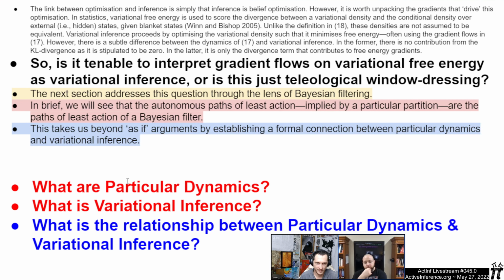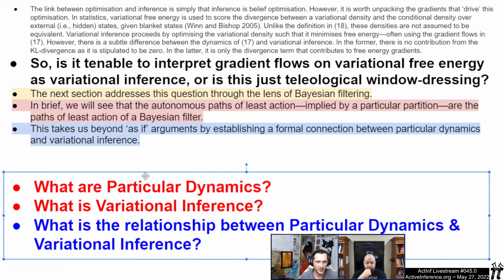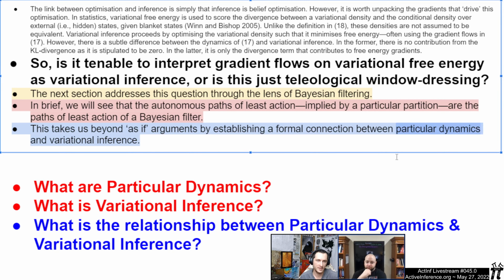So, to discuss, what are particular dynamics? What is variational inference? What is the relationship between particular dynamics and variational inference? What would it mean for it to be as if? And what would it mean for it to be something different than as if?